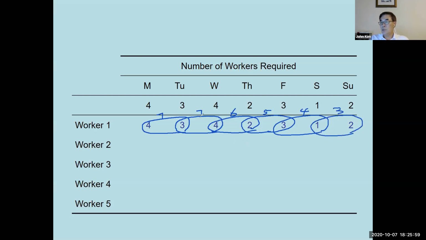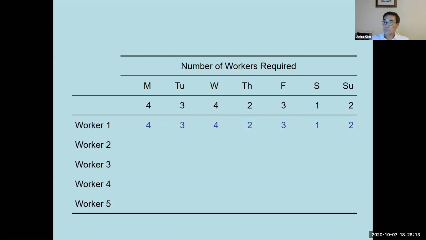So among these combinations, this one is the smallest. So circle these 2 days. That means worker 1 will be assigned Monday, Tuesday, Wednesday, Thursday, and Friday, not Saturday and Sunday.